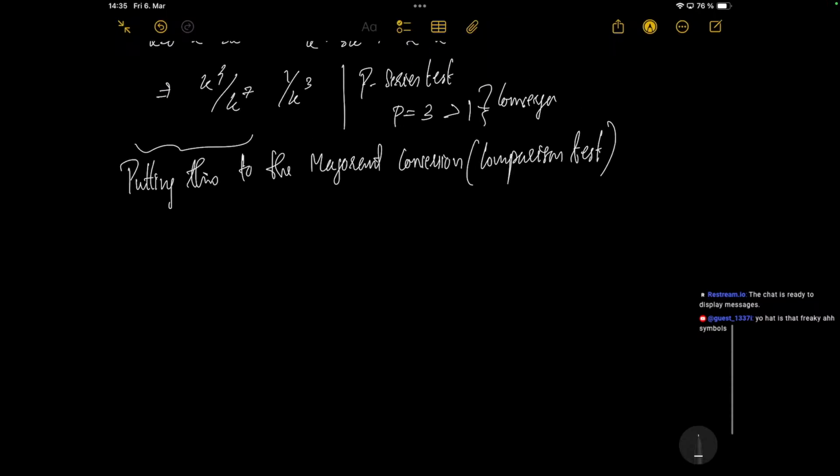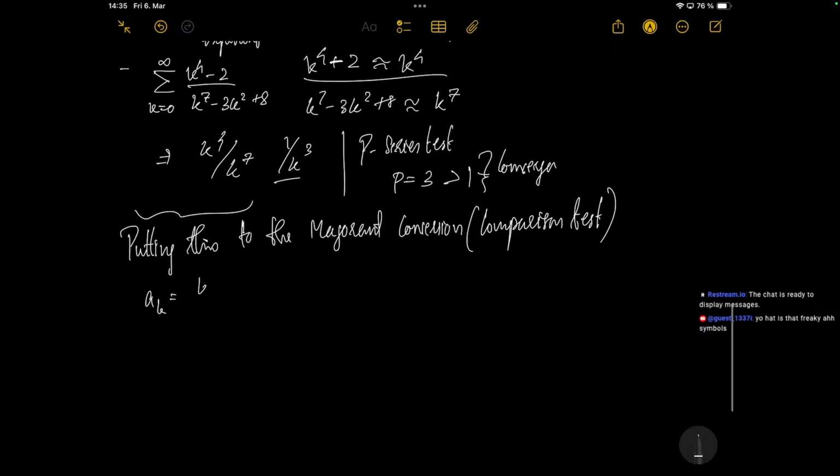So what we're doing here is we take a_k equals k^4 minus 2 divided by k^7 minus 3k squared plus 8, and b_k equals 1 by k cubed, the dominant term.